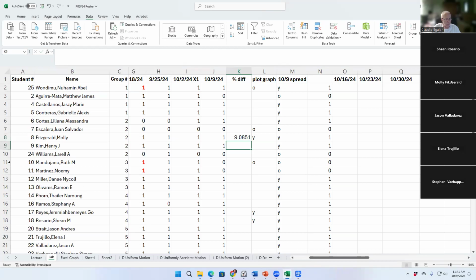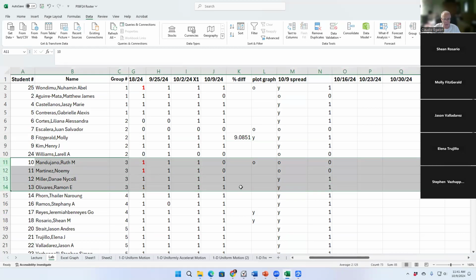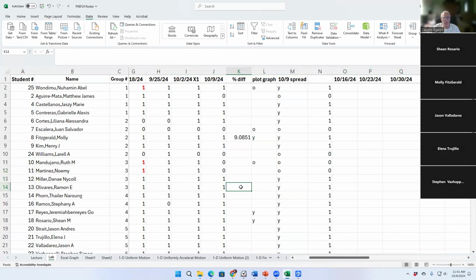And let's go for someone in group 3. Ramon, what's the percentage difference you're getting for the acceleration of gravity? 2.6621. Okay, 2.66. Not sure you did correctly.